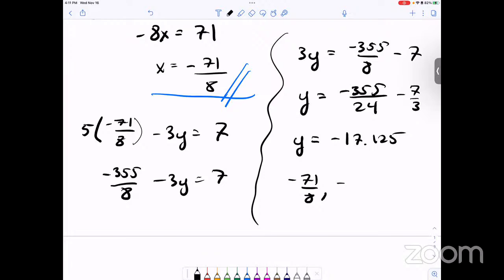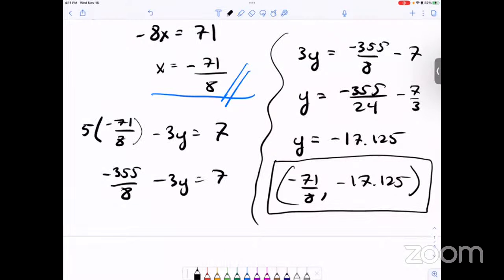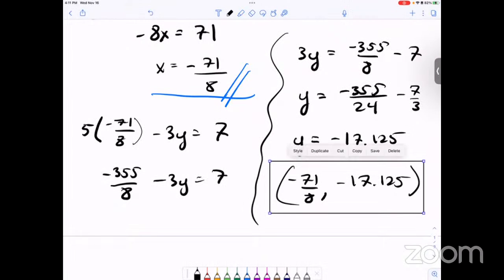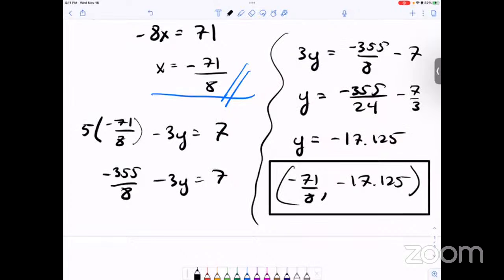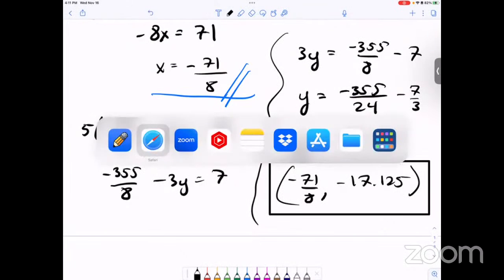But I don't think this was in the list of options they gave us. We didn't confirm whether this was correct or not, but right now we're just going to assume that it is. Notice that the ordered pair is nowhere in this list, so we would say none of the ordered pairs are solutions.